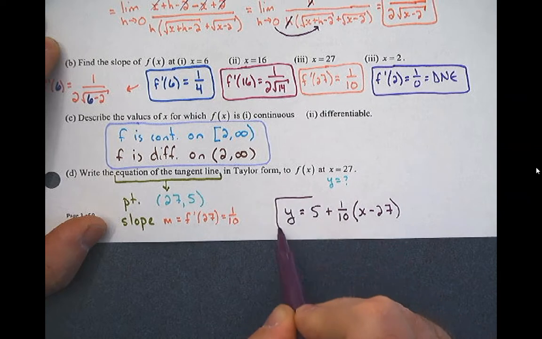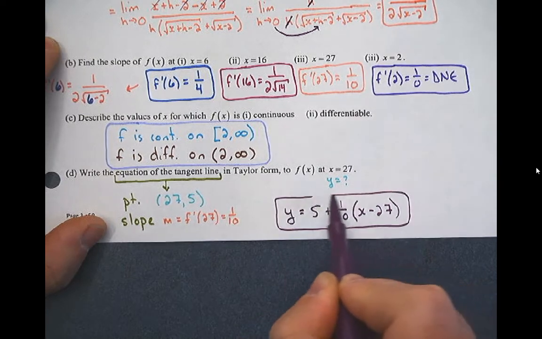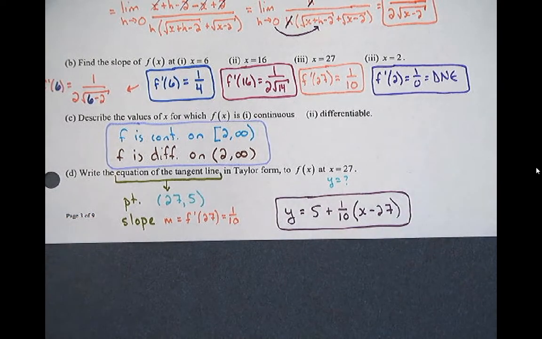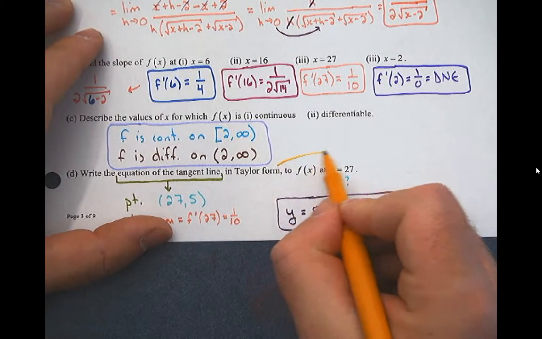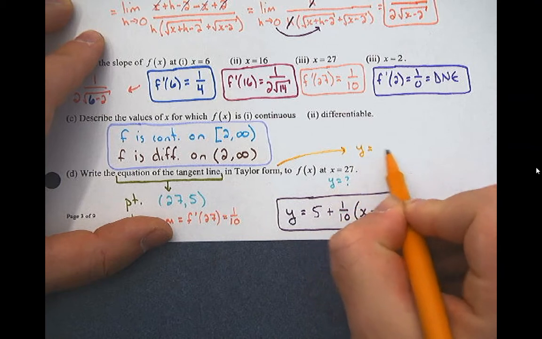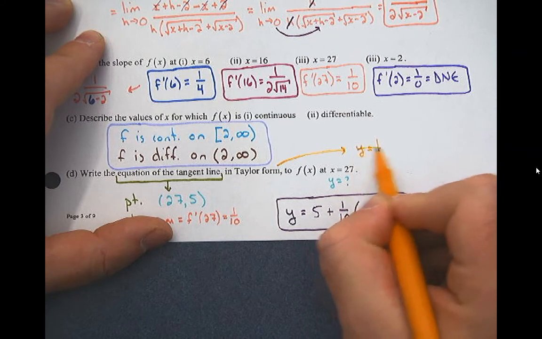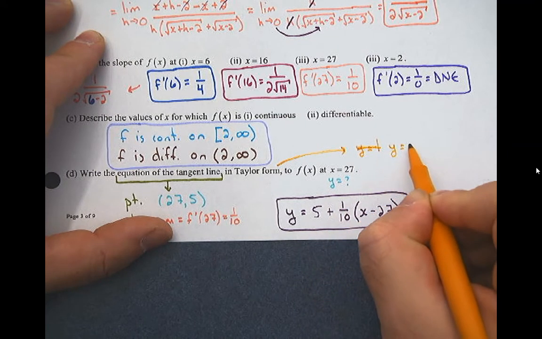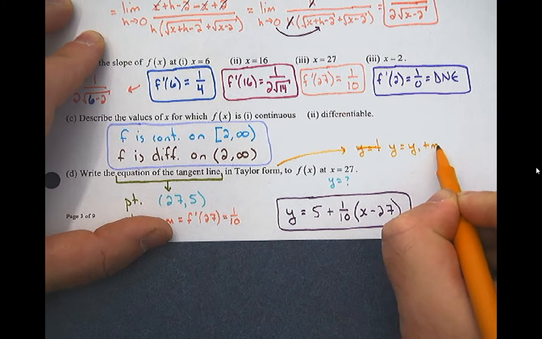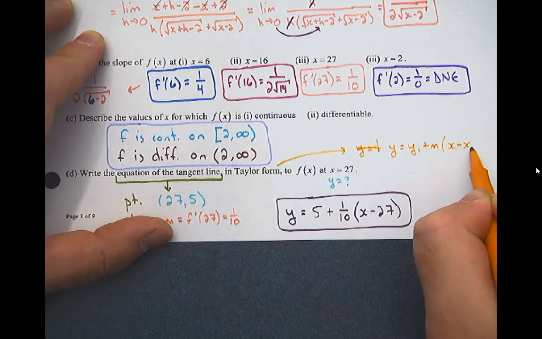If you don't have Taylor form memorized, I'll write it up here one time, but you need to memorize it. We write so many equations. Taylor form is y equals y1 plus m times the quantity x minus x1.